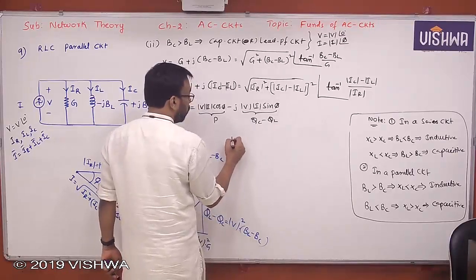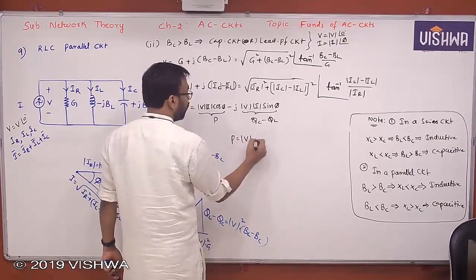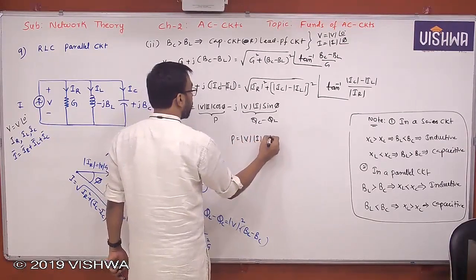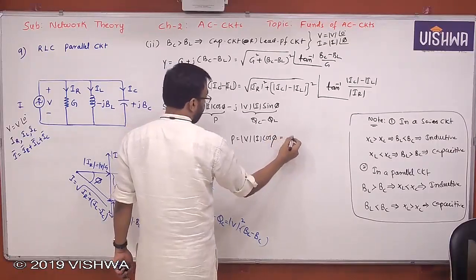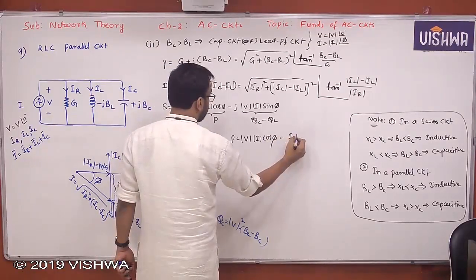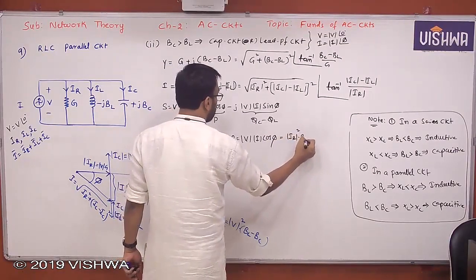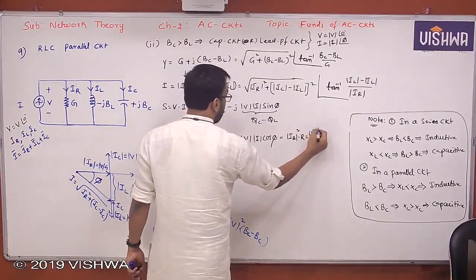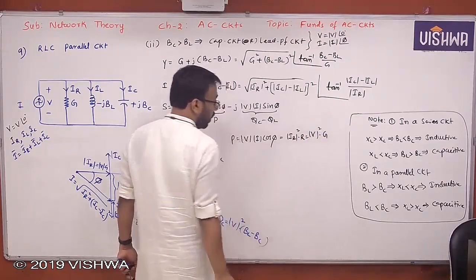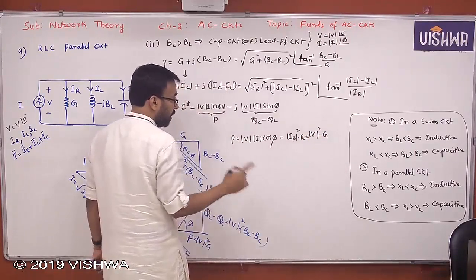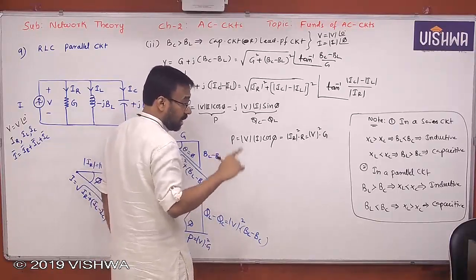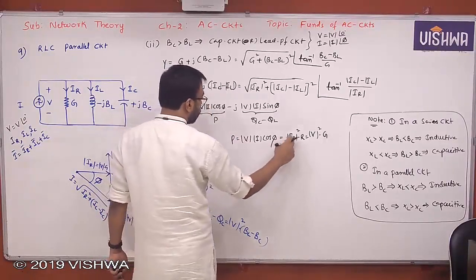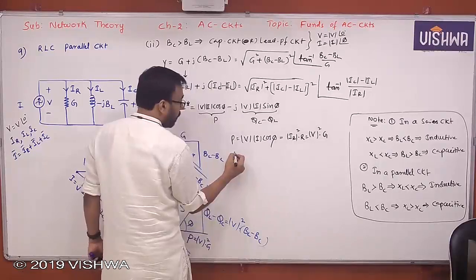So what is P you know very well. Write down along with me, okay? VI cos phi. So IR square R, or VR square by R, or VR square into G, or V square into G, because VR and V both are the same in this context. But remember always the formula is IR square, VR square only. Okay?